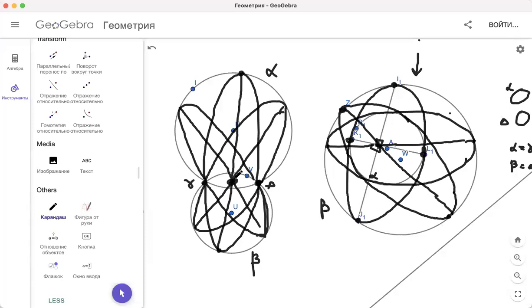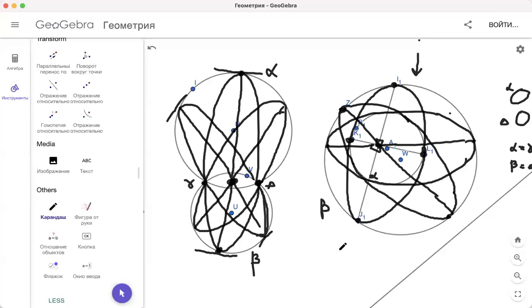Here, this point is a center of homothety of these circles, alpha and beta. So, for example, if you draw tangent lines here, you obtain that these lines are parallel. So here, this fixed point is a homothetic center. But here, it is not a homothetic center. This is a limiting point of a pencil.